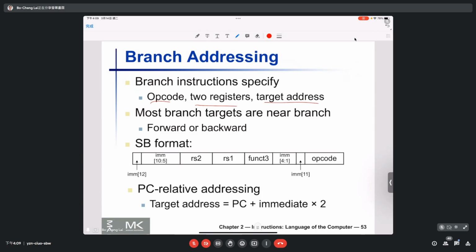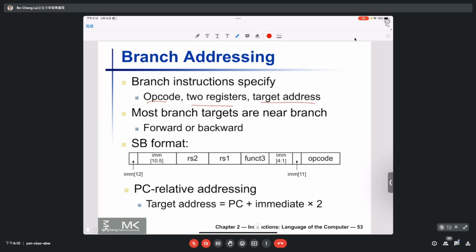You can only jump forward or backward by a bit over a thousand. So a branch can only go to an instruction that is not too far from your current place. Making sense? If you want to jump forward 5000 or backward 4000, you can't.